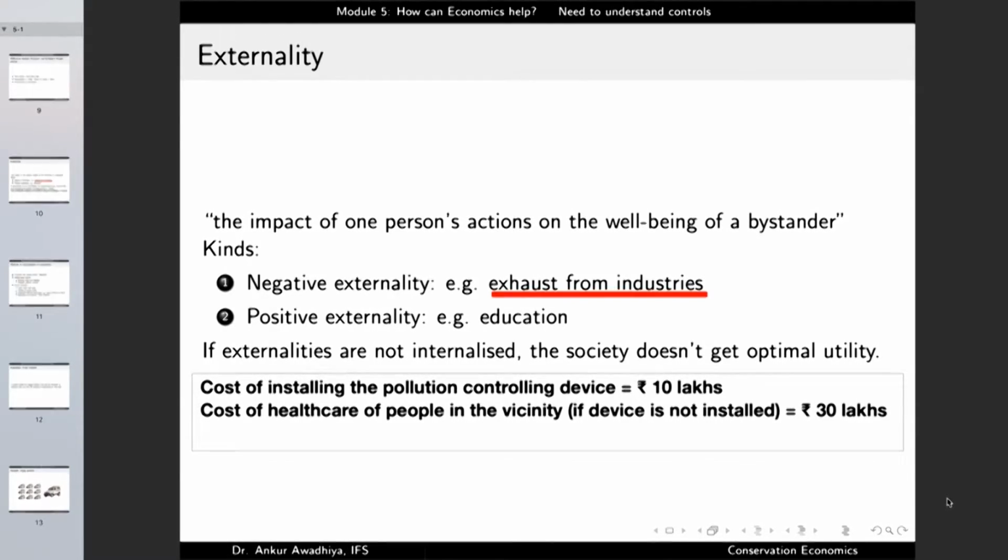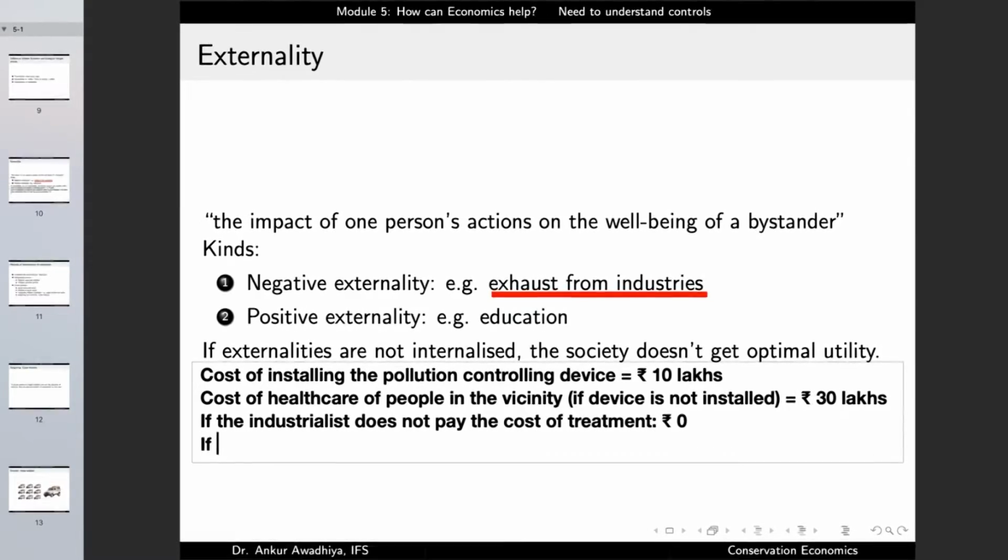So in that case, if the industrialist does not pay the cost of treatment, then he would have to pay rupees 0. But if the industrialist has to pay the cost of treatment, then he would have to pay rupees 30 lakhs.